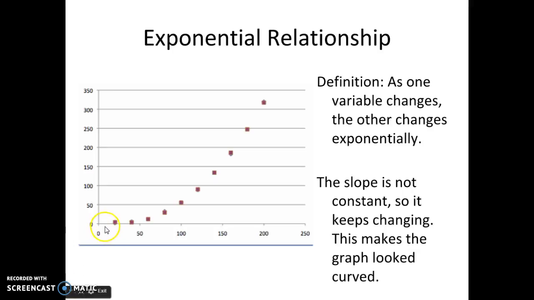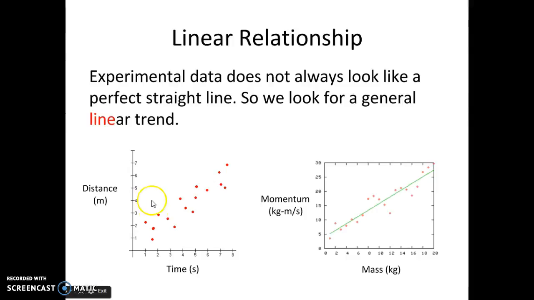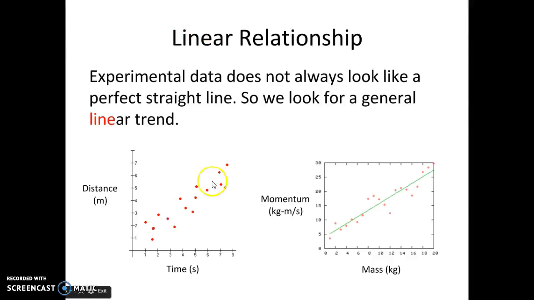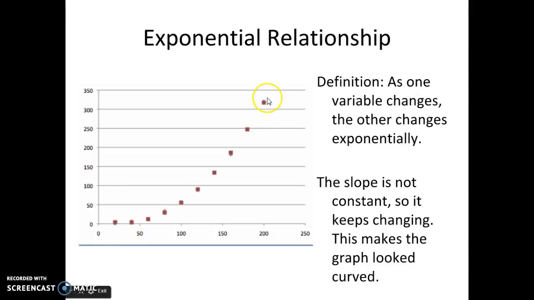So in both of these graphs, the linear and exponential that I just showed you, you might notice that they are also direct relationships, which means that they go up as you go from left to right. So both this exponential graph and all the linear graphs that I showed you go up as you're going from left to right, which means that they are both, in this case, linear and direct relationships, and then here exponential and direct relationships.